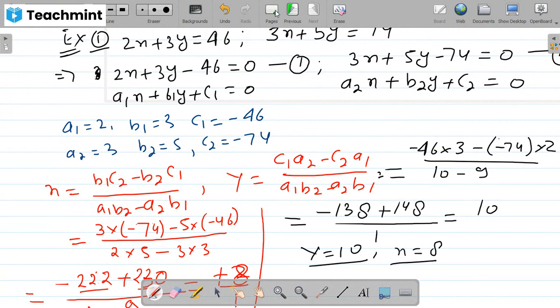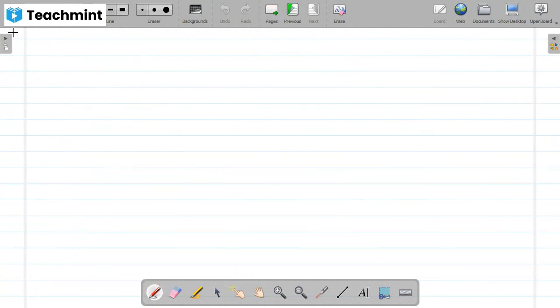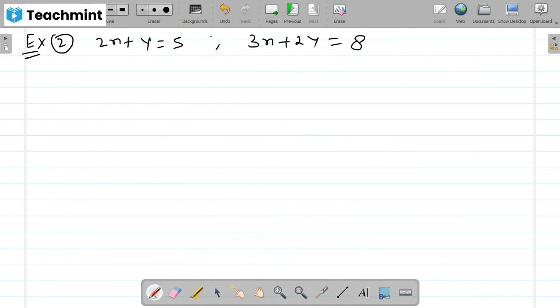Okay, another equation. Now we take another example. Example 2, 2x plus y equal 5, and 3x plus 2y equal 8.